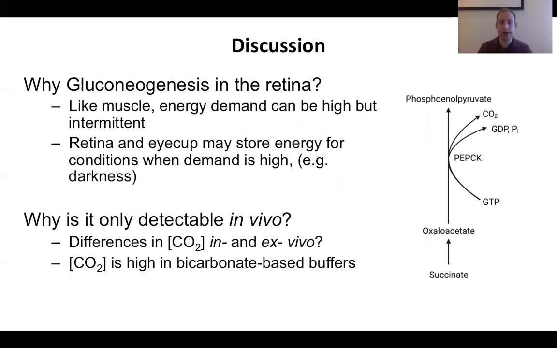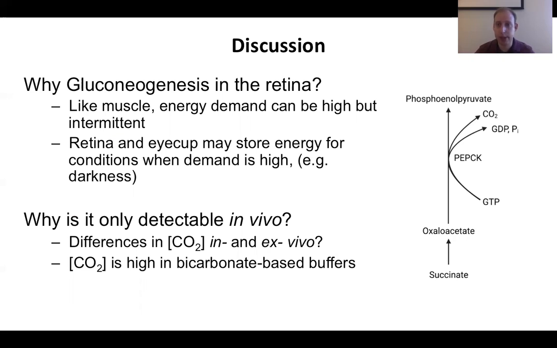So we think this might be the reason we don't see the reaction occur ex vivo, and we're going to try to confirm that just by using a pH or a CO2-free medium in the future and do these same ex vivo incubations and see whether or not we get 13C labeling on phosphoenolpyruvate from succinate.